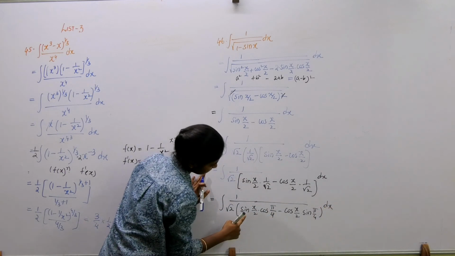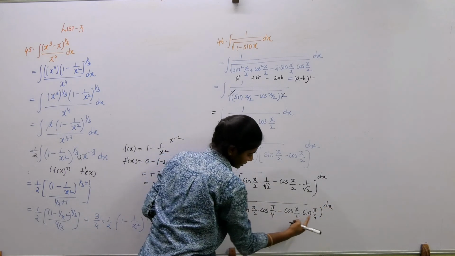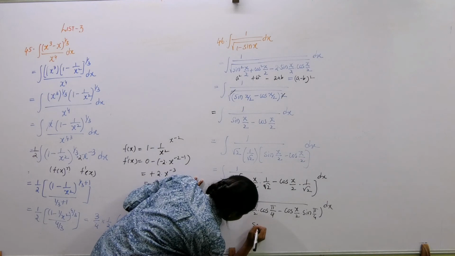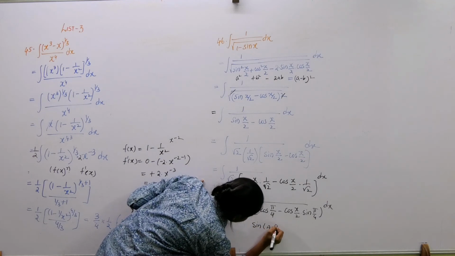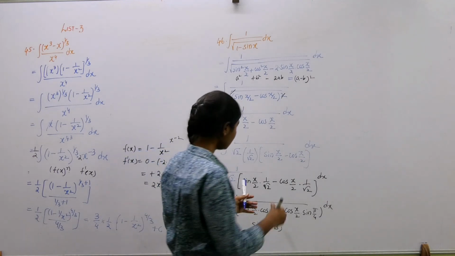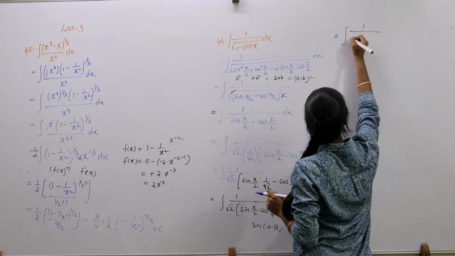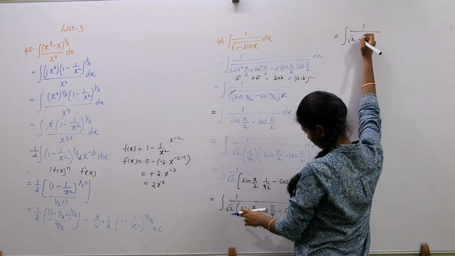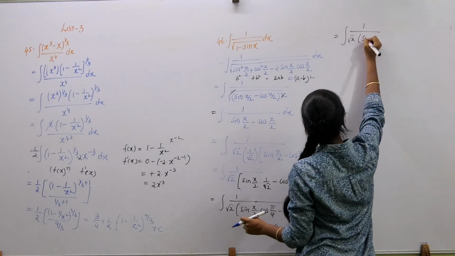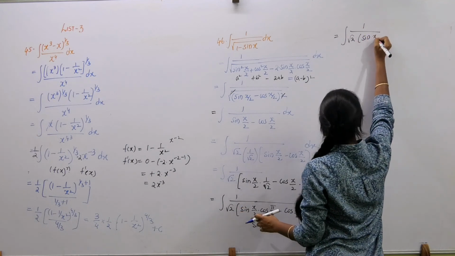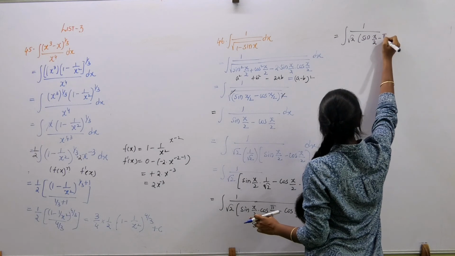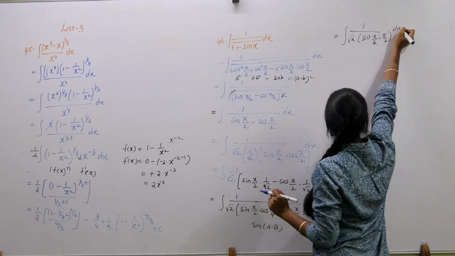This is in the form of sin a cos b minus cos a sin b, the sin of a minus b formula. So when we substitute here, we get integral 1 by square root 2 into sin of x by 2 minus pi by 4 dx.